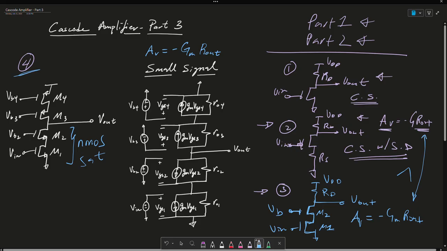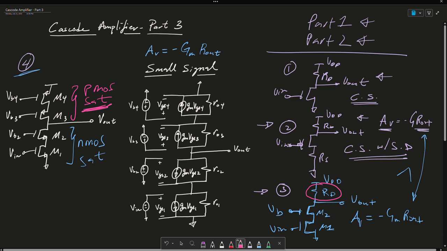And we've replaced this RD resistor with a PMOS cascode, in saturation. So this is the answer to the end of part 2. In order to have this be an ideal current source, we want the PMOSs to be in saturation.